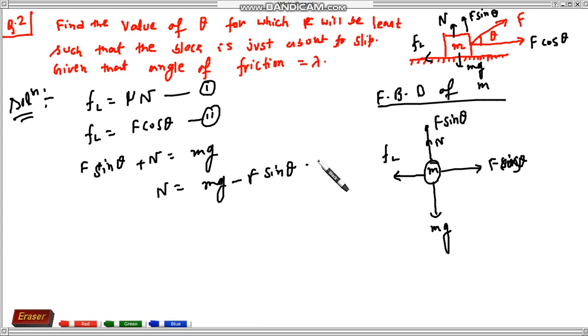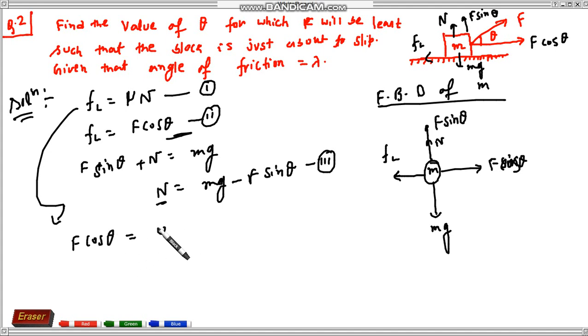So we can write N as mg minus F sin theta, equation 3. Now let me substitute the value of FL from equation 2 and N from equation 3 in equation 1. So FL is F cos theta, and it is equal to mu into N, as mg minus F sin theta.